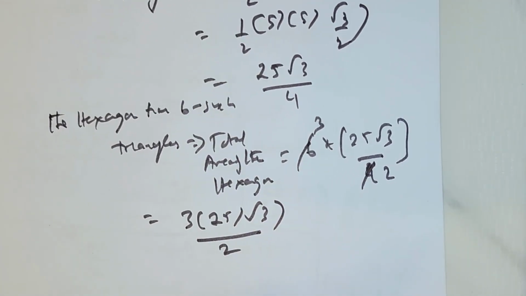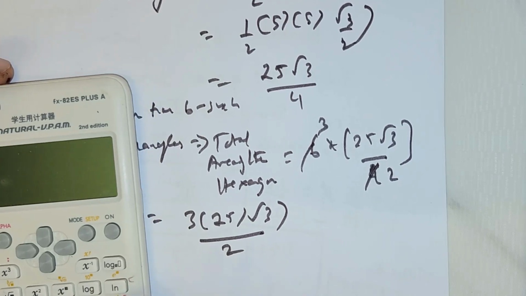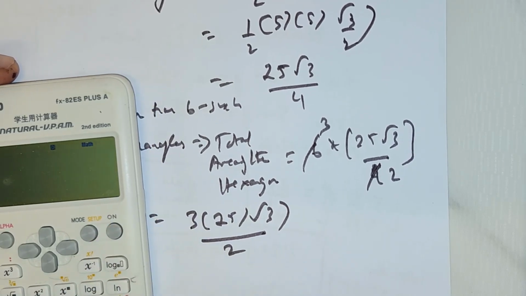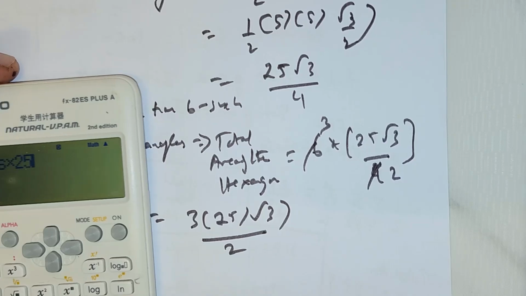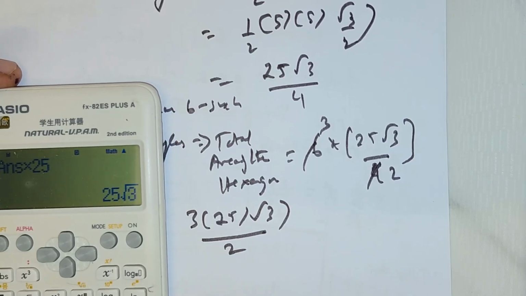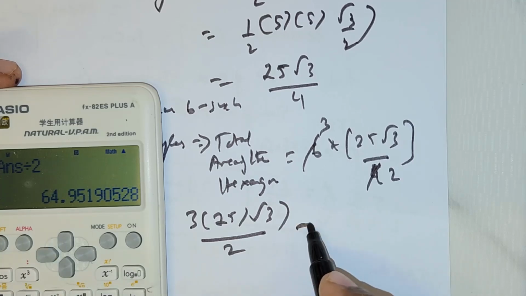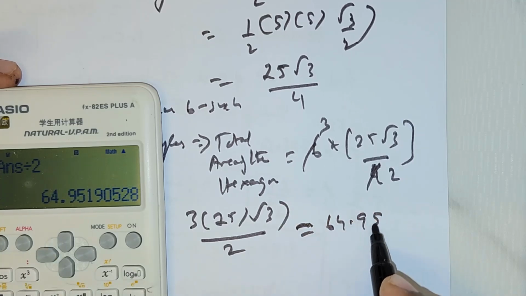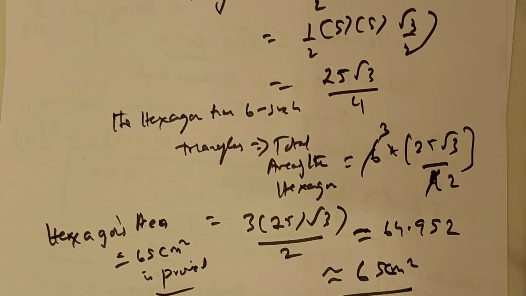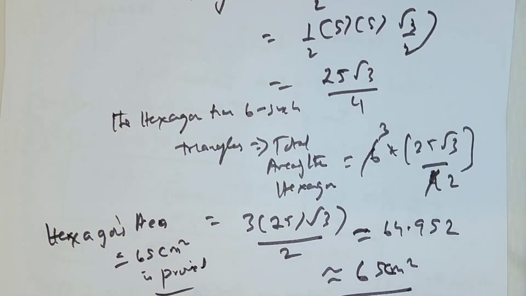You can take your calculator and find the value for root 3, then multiply it with 25, then multiply it with 3, and then divide by 2. You get 64.952. So this is the area of the hexagon, 65 cm squared.